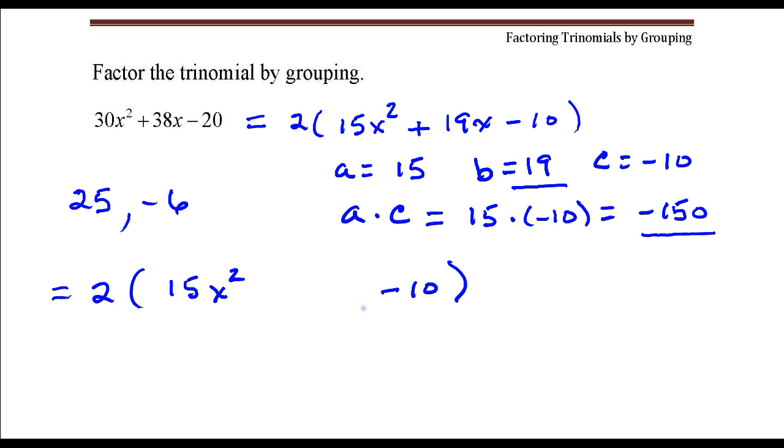And so instead of me writing 19x in this space, I'm going to use these two numbers to do that. So plus 25x minus 6x. Okay, so this is still 19x, just written in a different way.